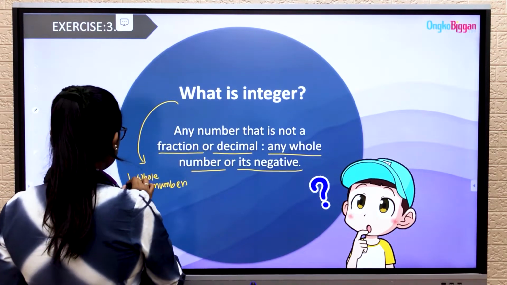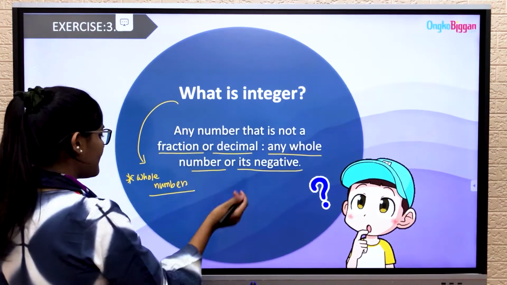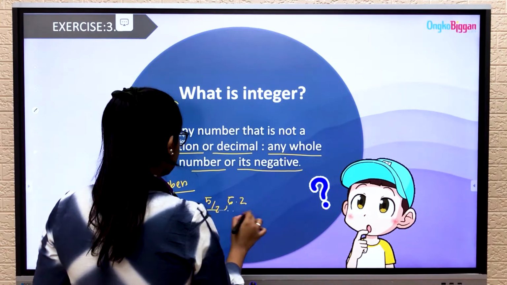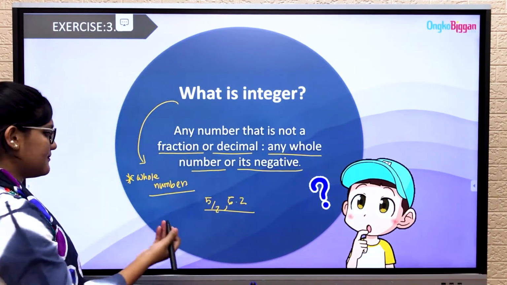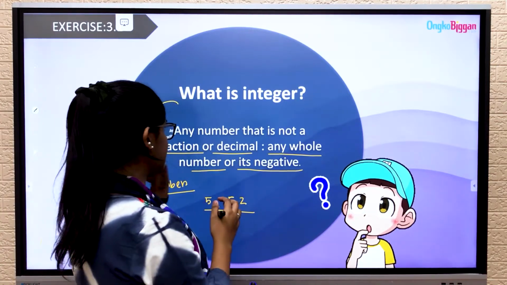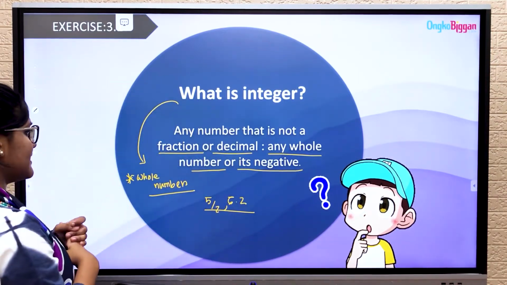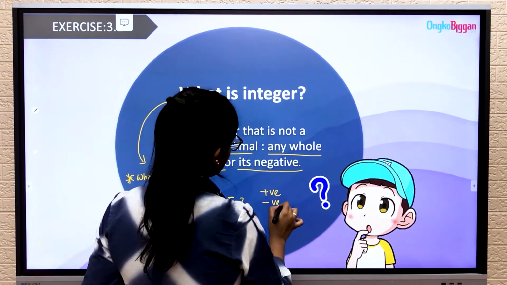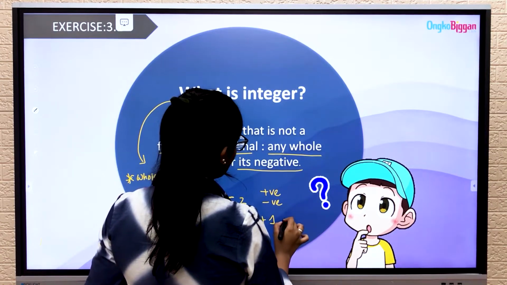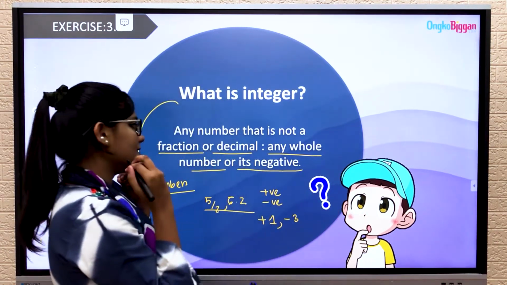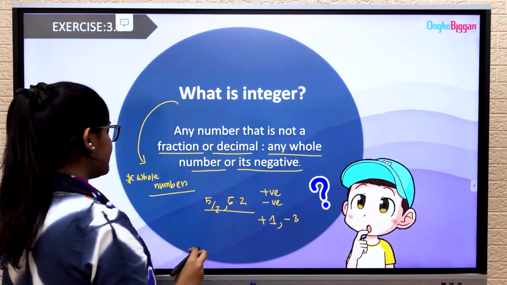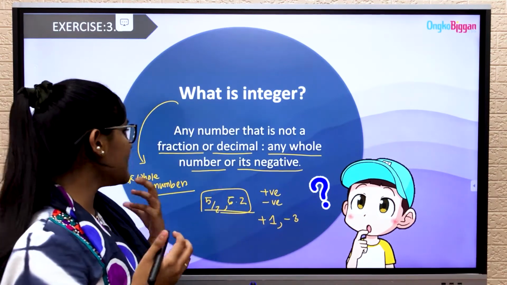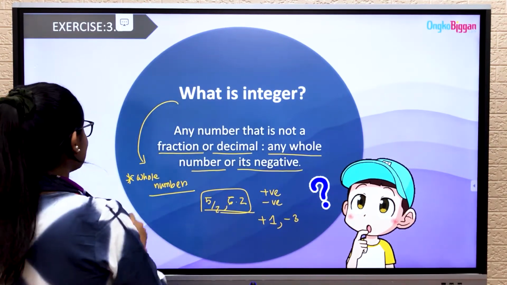Any type of fraction like 5/2 or 6.2, this type of fractional or decimal number can't be an integer. But any whole number can be either positive or negative, like it can be +1 as well as -3. Only it can't be any type of fractional number. It has to be a whole number. So yes, let's move forward.